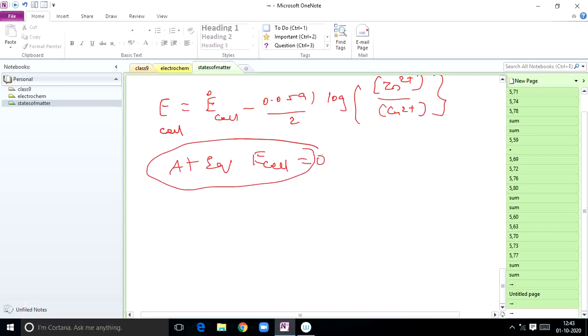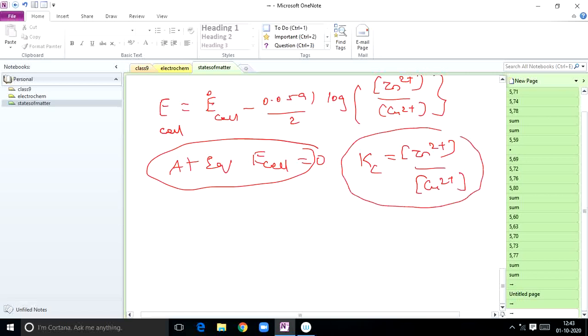So in that expression, you can write concentration of Zn2 plus by concentration of Cu2 plus, that is nothing but equal to Kc, equilibrium constant in terms of molar concentrations at how much temperature? 298 Kelvin temperature. So you apply these two conditions here, then what you will get? 0 is equal to E naught cell minus 0.0591 by 2 log Kc.